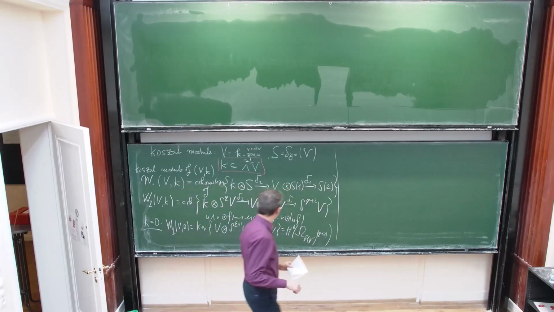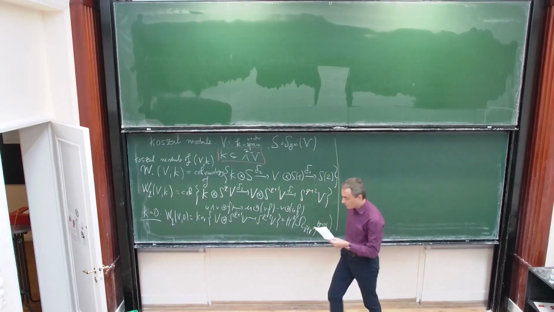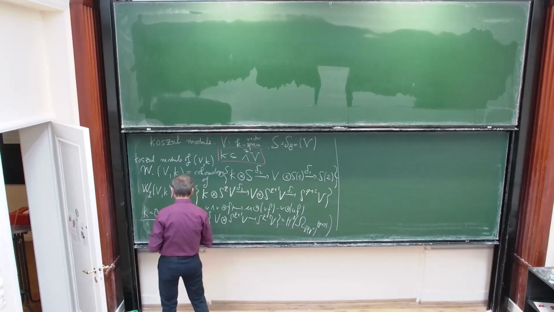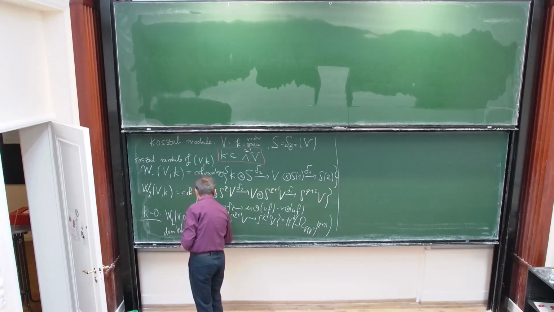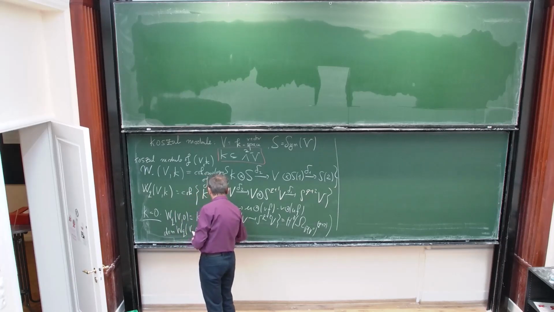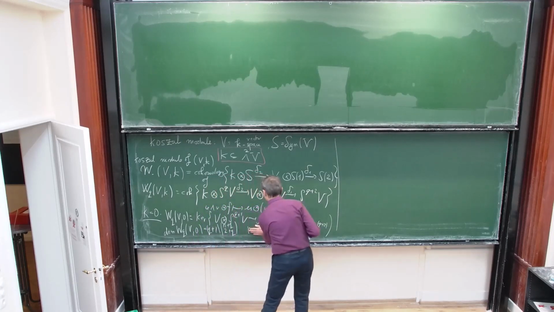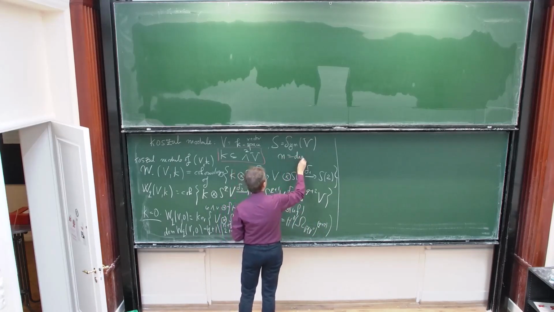In particular, the dimension of this can be computed, and I would like to record it. It is (Q+1) times binomial (n+Q, Q+2), where n is the dimension of V.